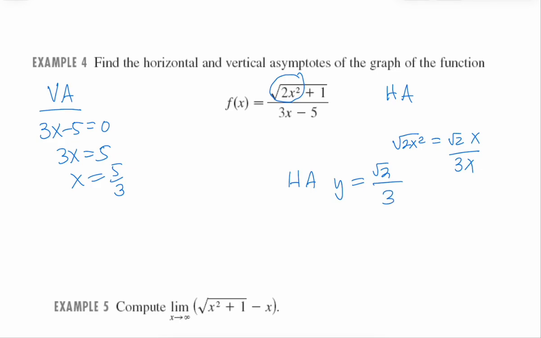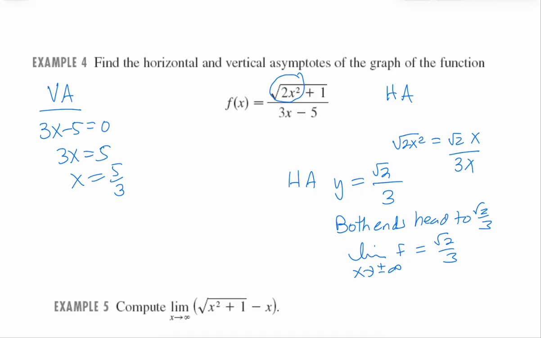So both ends head to square root of 2 over 3. So that would be a limit at infinity. So we already know that the limit as x approaches both positive and negative infinity of our function will head to square root of 2 over 3.